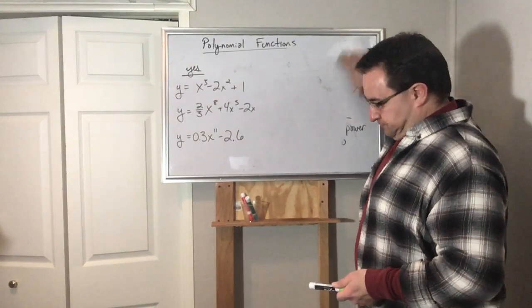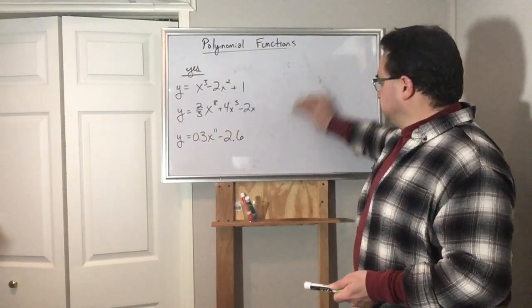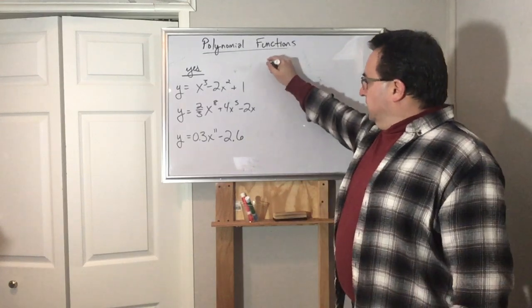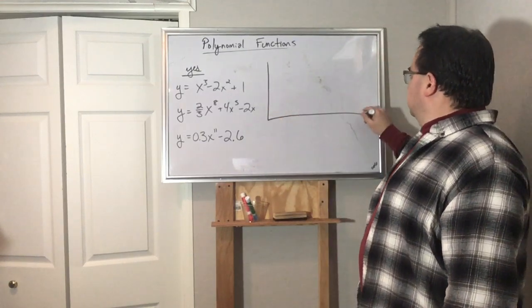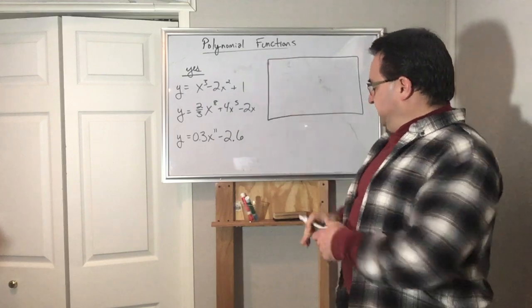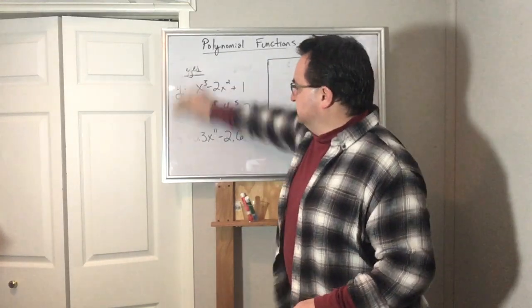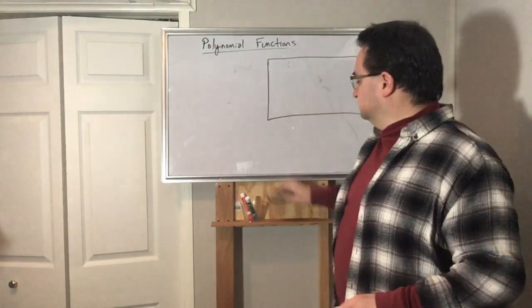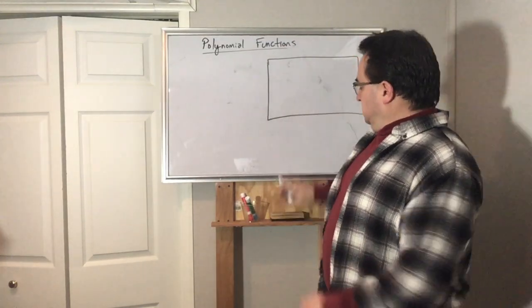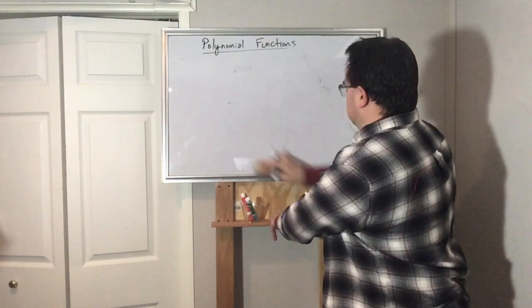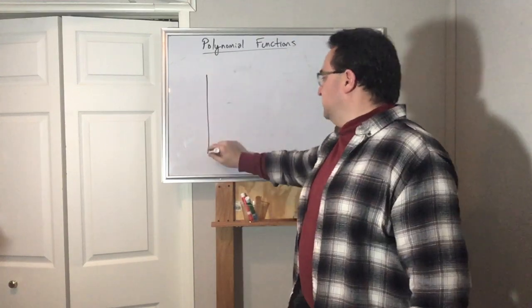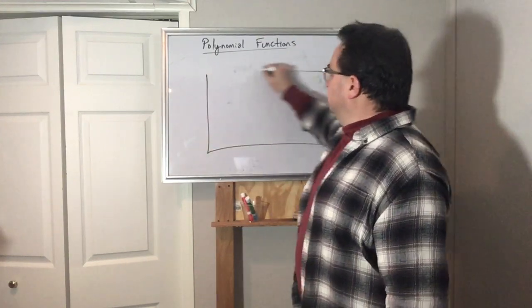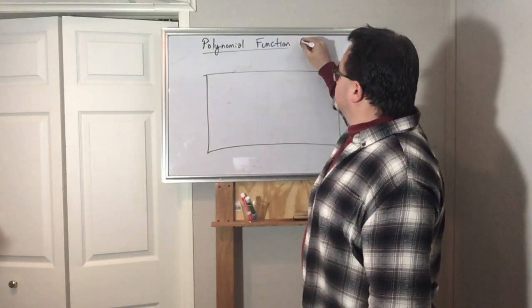What about them? Well, we get this grid. I'm actually going to get rid of these examples because we're going to do some more in a minute here. So let me make this larger. What we're focusing on is the polynomial function graphs at the moment.